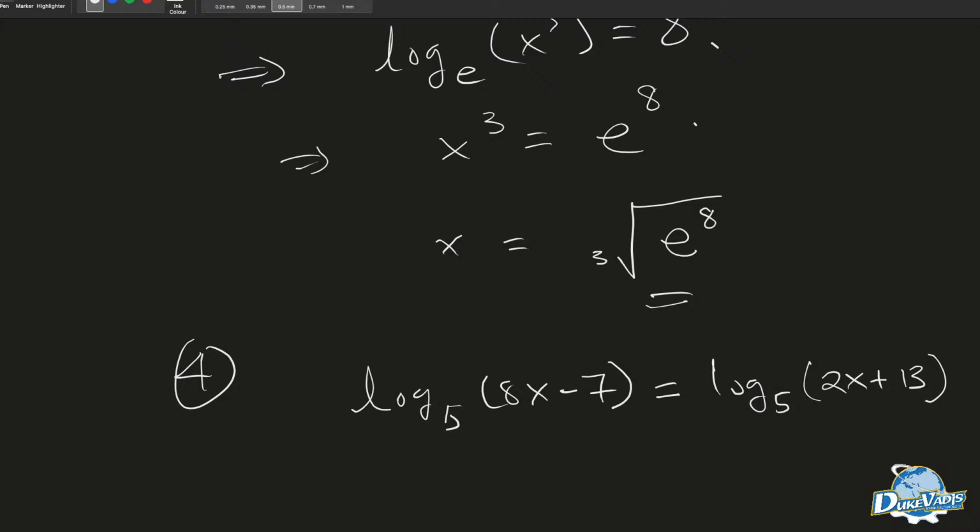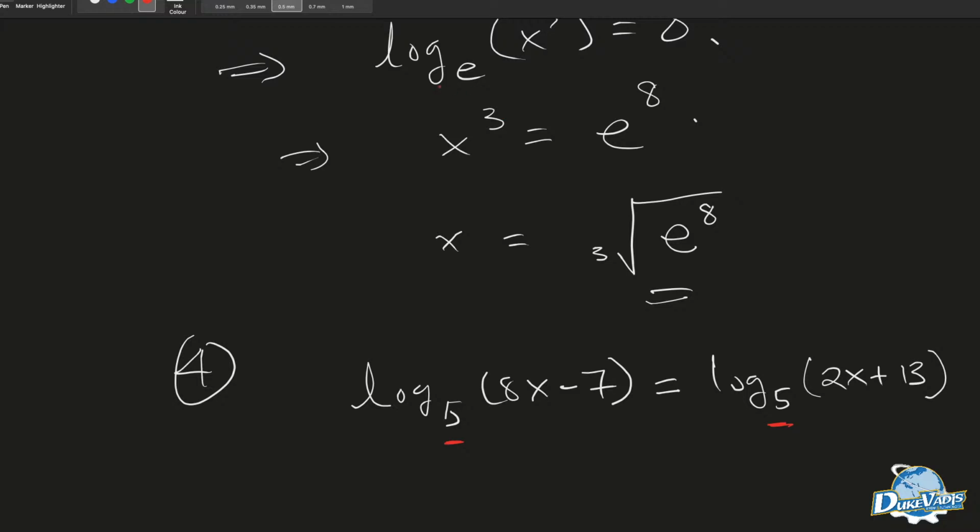It looks very long, but if you look at it very carefully, you see that it becomes so easy since we have the same base. As you can see, the bases are the same. We have a base 5 here and a base 5 here. So what I want us to do is pull the log to the base 5 of 2x plus 13 into the equation.